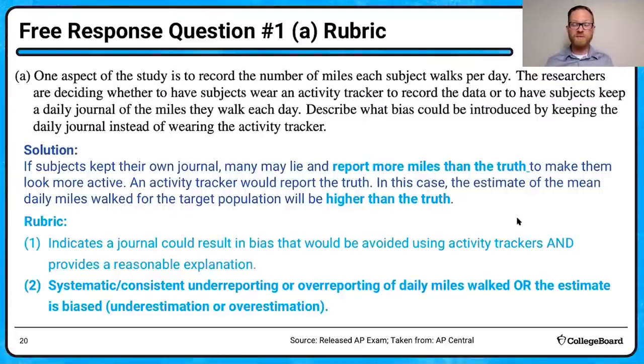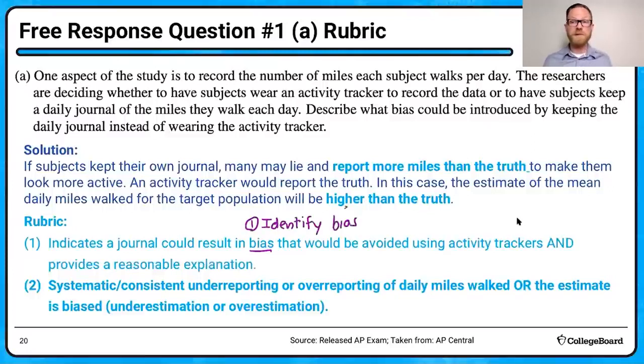So when you're looking at this rubric here, I actually think that there are 3 items that are important to include anytime you're asked a question about bias. I want to make these very clear to you. The first one that I see here is just in identifying the bias. So I'm going to say the first component here is that you want to identify the bias.